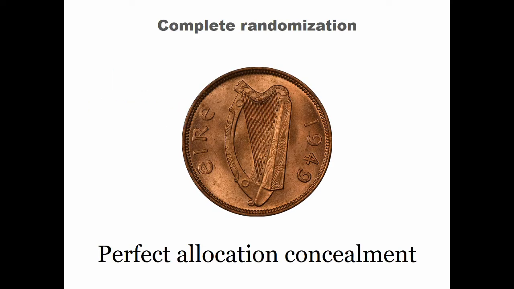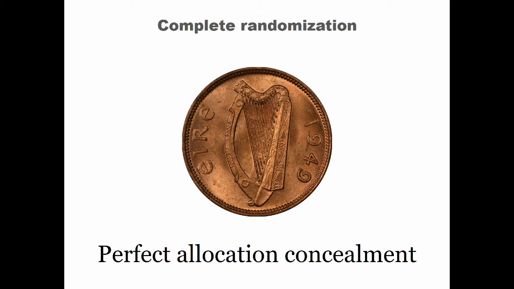And we'll build through these, and as we do, we'll see this trade-off between efficiency and allocation concealment. If I completely randomize people, which means that as each patient appears in the trial, I flip a coin or have the computer flip a coin for me, and there's no relationship between the outcome of that coin flip as we go from one patient to the next, I will get perfect allocation concealment.